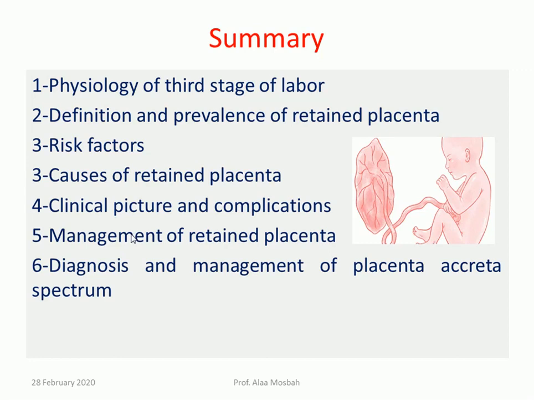Is it an atonic uterus, or due to a constriction ring or contracted cervix, or due to ruptured uterus, or due to placental adhesion or placenta accreta spectrum? Then we went through the diagnosis and the management of placenta accreta spectrum.